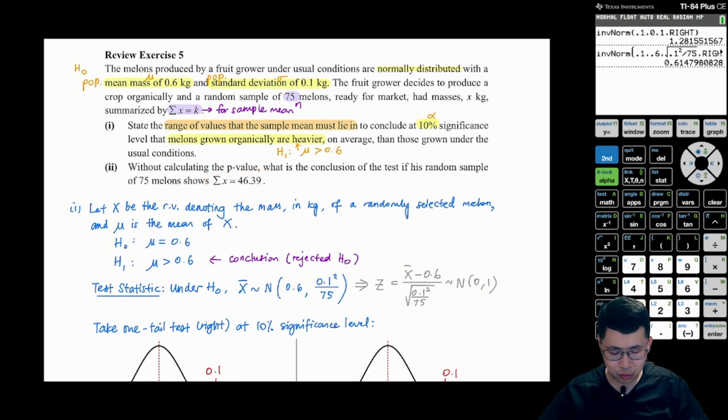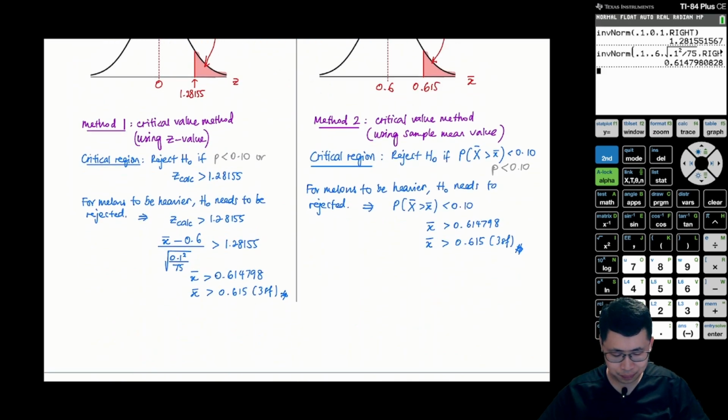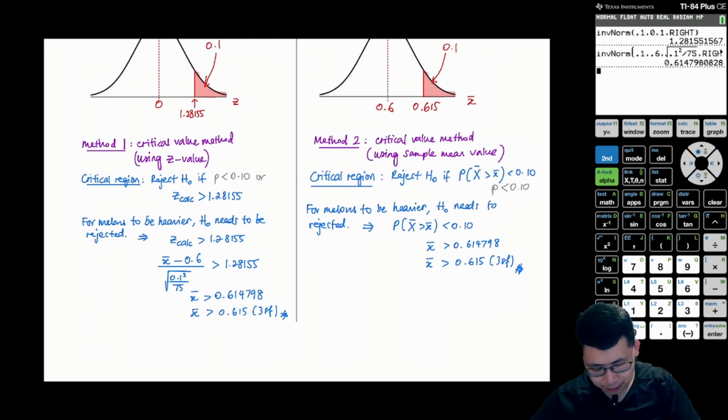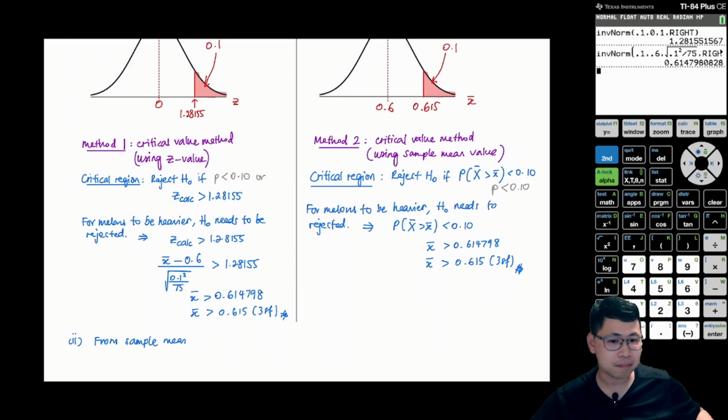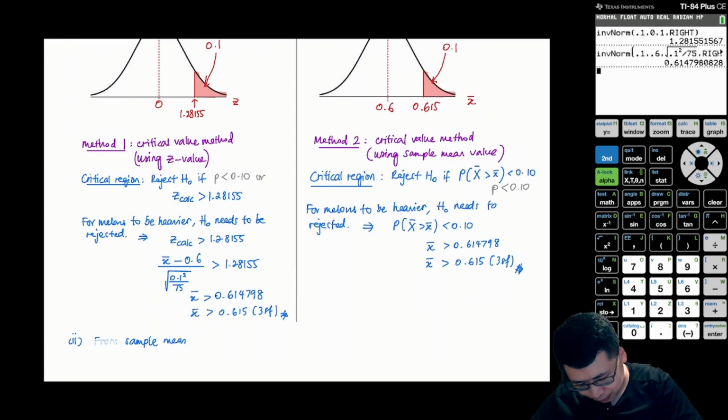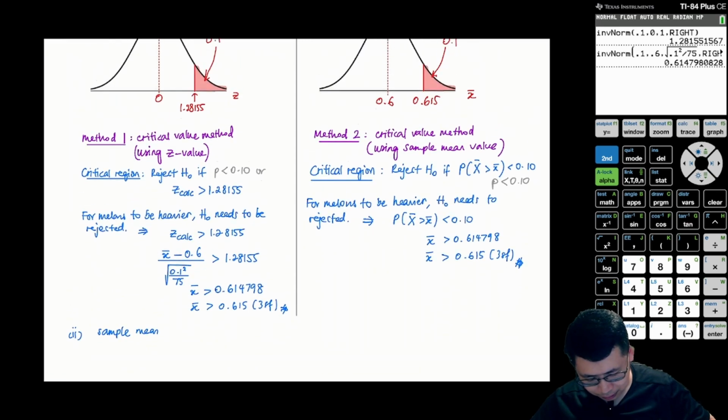Okay, sigma x equals 46.39. Okay, so the thing is that for part 2, given sigma x to be 46.39, let us calculate the sample mean for the data given over here.